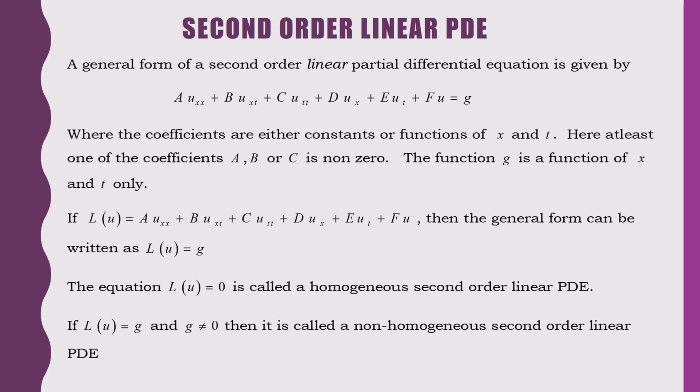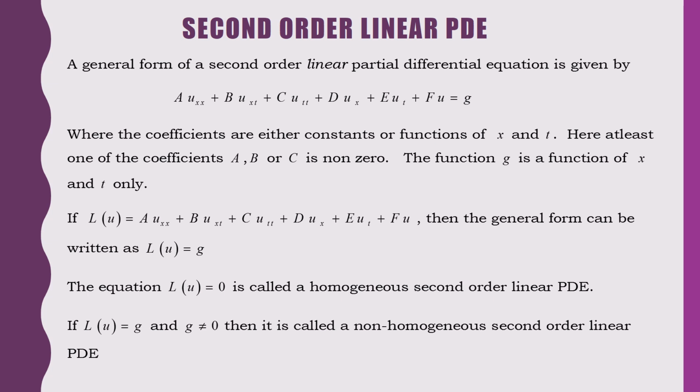Then the general form of a second order linear partial differential equation is given by the equation A u sub xx plus B u sub xt plus C u sub tt plus D u sub x plus E u sub t plus F u equals G.